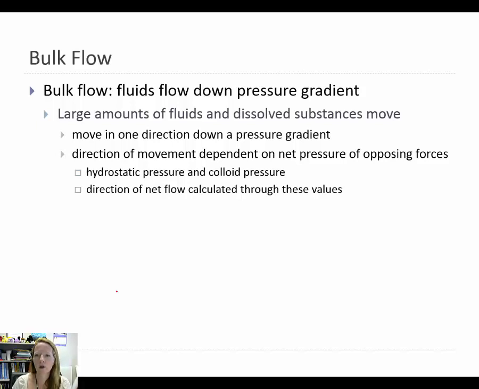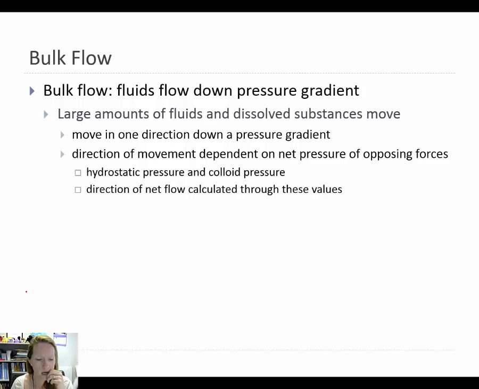It's just a more efficient way to move things in the capillaries. So that's what we're going to be taking a look at: bulk flow and moving fluids and how they flow down a pressure gradient instead. So this allows large amounts of fluid and dissolved substances to move instead of waiting for diffusion, which is going to take a little bit of time to happen.